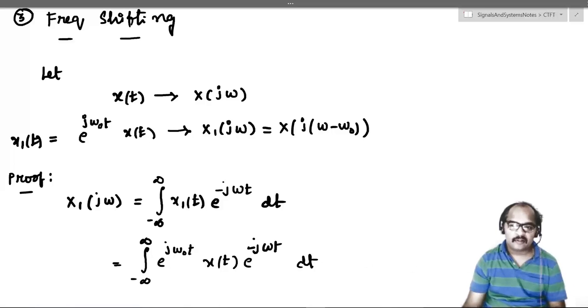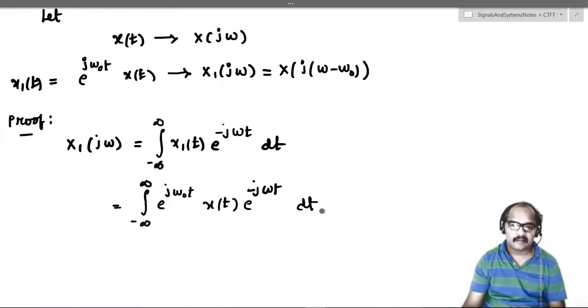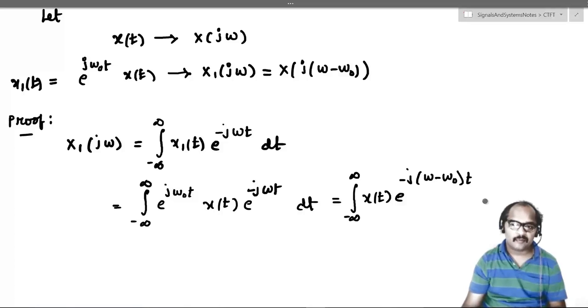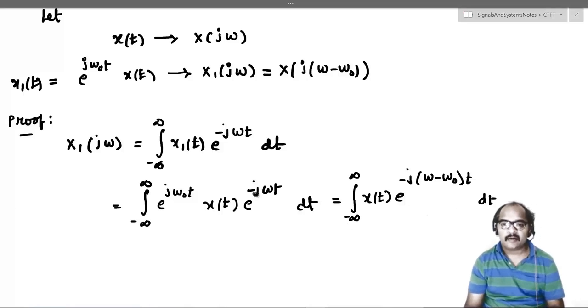You can easily see that this is equal to integral minus infinity to infinity x of t multiplied with e power minus j omega minus omega naught into t dt. Correct? Why did I take e power minus j out? If you take minus j out and t this side, you get omega minus omega naught as the common term.